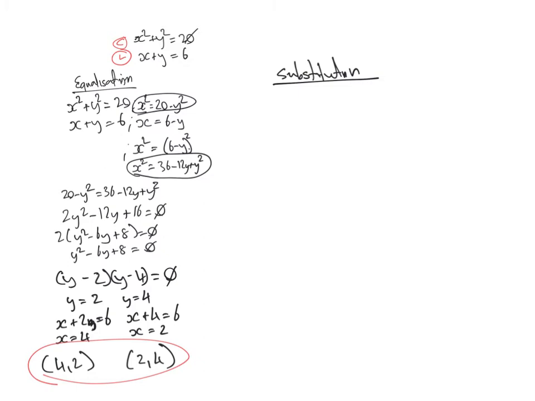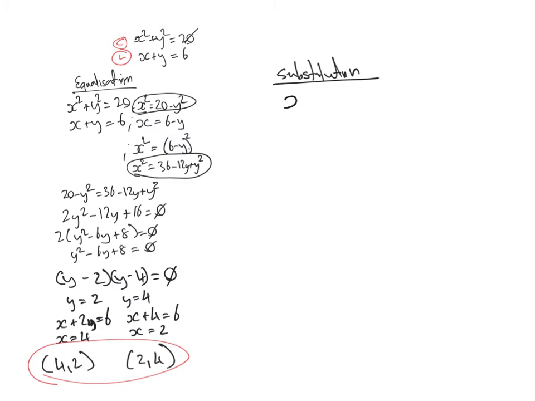We always rearrange the linear so that it is a value that can be substituted into the quadratic, or in this case, the ellipsoid. You can rearrange for x or for y, and sometimes one is better than the other. For instance, you don't want to generate a fraction if you can help it. In this case, it doesn't matter because we'll get similar results.